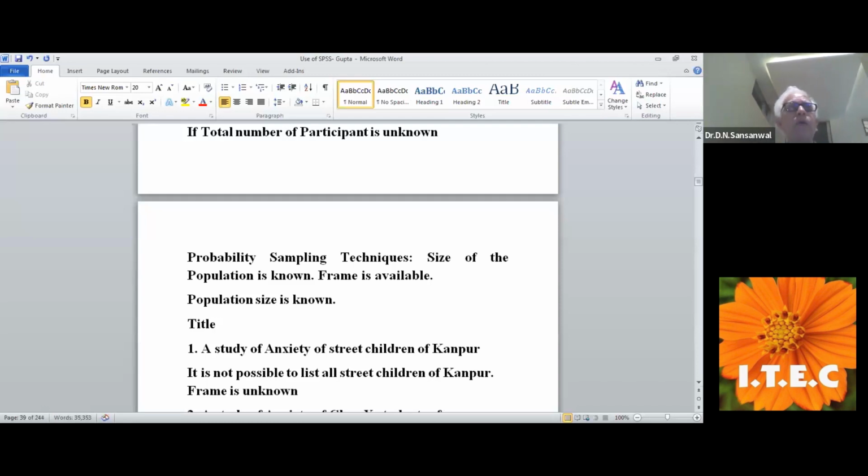And if the frame is unknown, then the probability of selecting a street child from all street children is not possible.